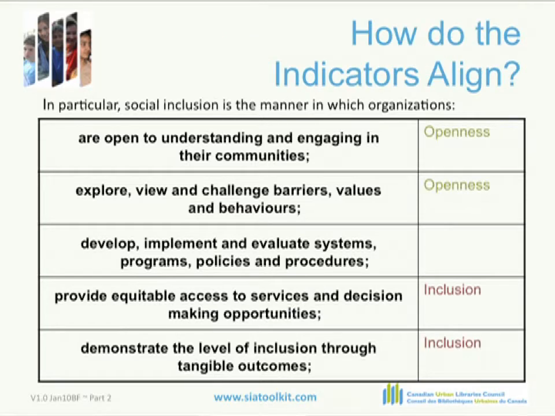In terms of 2 of our 3 indicators, openness and inclusion, we found that a lot of research studies used either one or both of these indicators in their work. But as you can see through this table, there's something missing. What's missing, we feel, is this level of intentionality that an organization must have to do this work. It's important to be open.